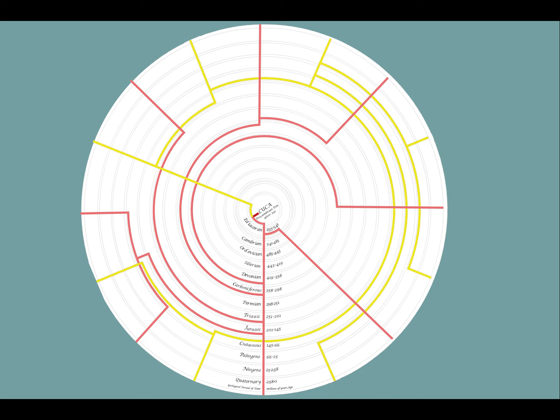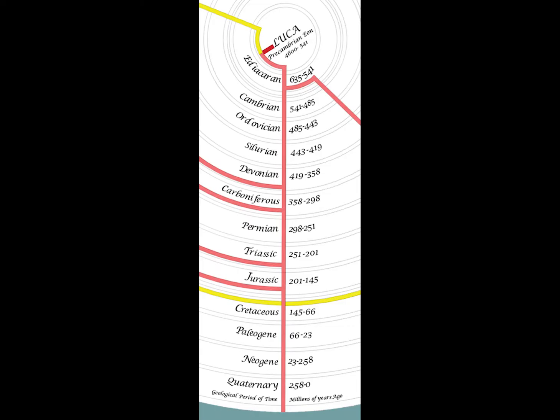So instead of a geological timescale that reads from the lowest point to the highest point, we have the oldest area in this model in the center. LUCA means the last universal common ancestor of this evolutionary tree, and the perimeter represents the present day. So the numbers you can see here are millions of years.